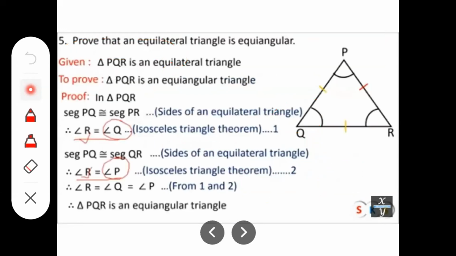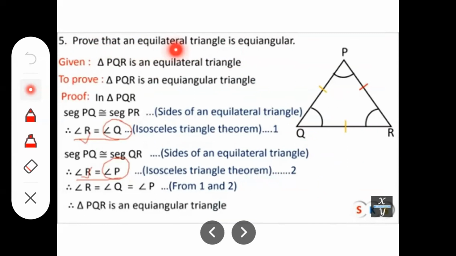Now see another example, the fifth one. Prove that an equilateral triangle is equiangular. Equilateral means equal sides; lateral means sides.